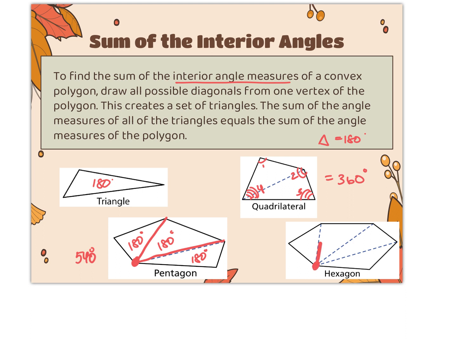If I have a hexagon, I can turn it into 4 triangles, so it's 180 times 4, or 720 degrees. You might say, well, this is great, but if I have a dodecagon, which has 12 sides, am I supposed to make a bunch of triangles and figure out how many there are? Not really. There's a formula that's going to help with this.